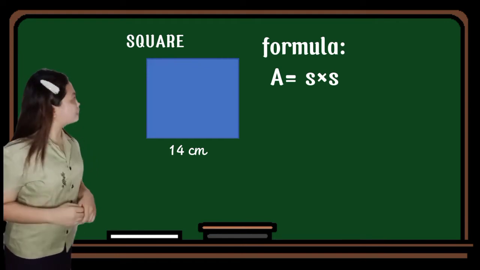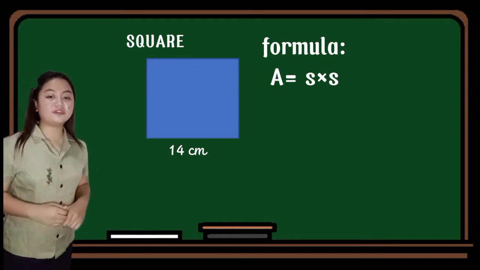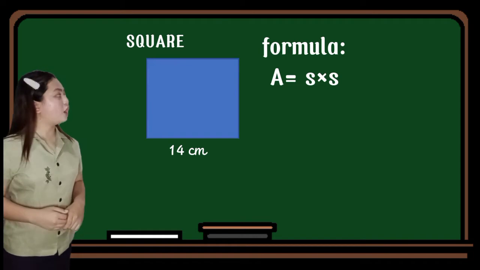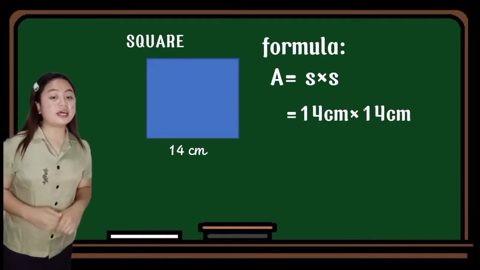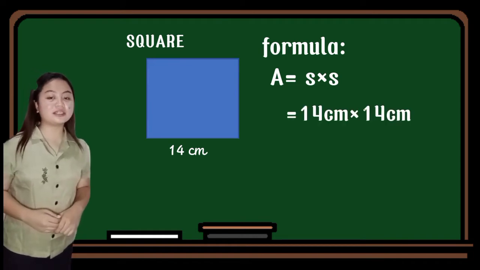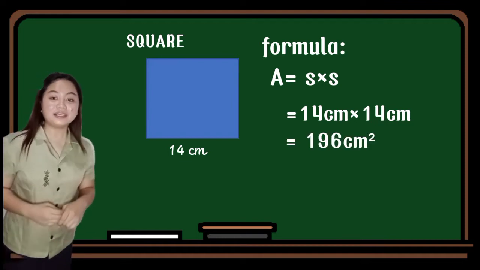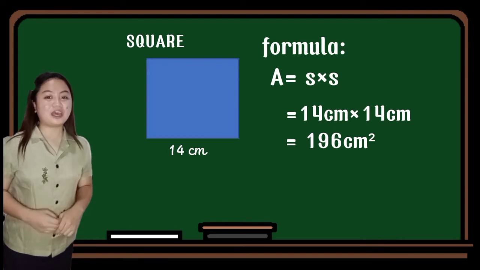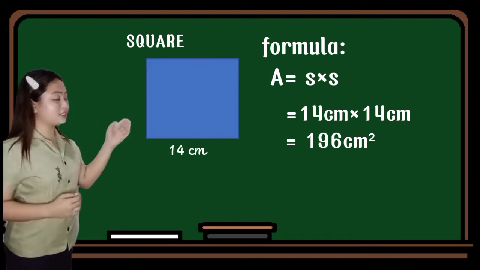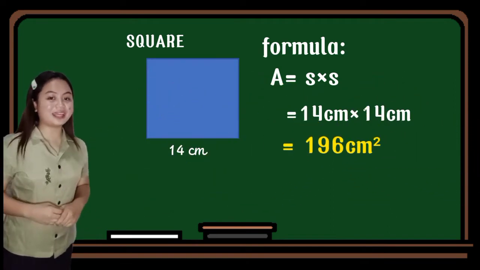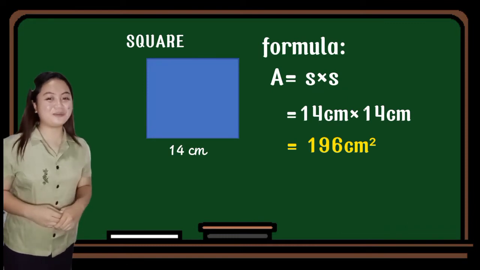Now, let's substitute the given values. So we have 14 centimeters times 14 centimeters is equal to 196 square centimeters. Therefore, the area of this square is 196 square centimeters.